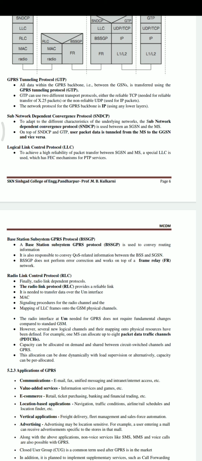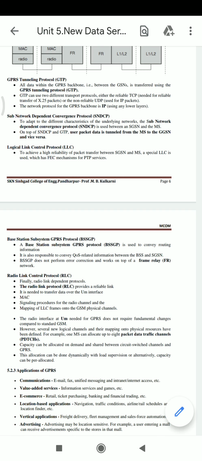So to provide the quality of service, that quality of service parameters observation is done by this base station subsystem GPRS protocol. In simple words, the information which is required to provide the quality of service in the GPRS transmission is provided by this protocol.